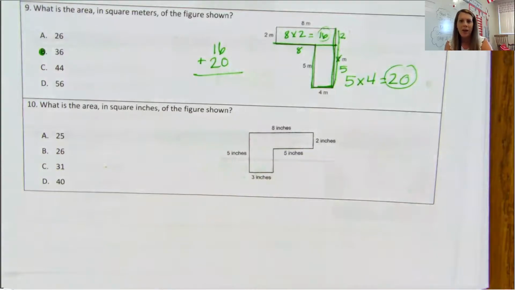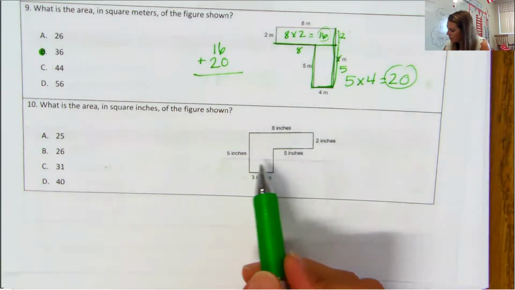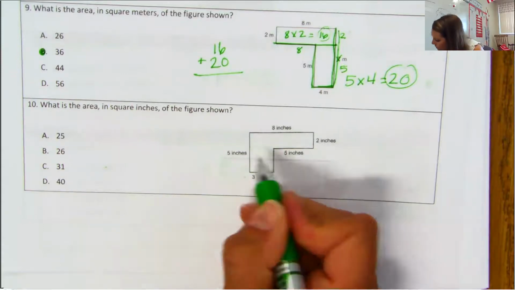Okay? So I want you to try number 10 on your own and see if you can do it. What would be a way that you could split it up? All right, if you need to keep working, hit pause until you figure it out. All right, so let's see. I'm going to kind of eyeball it again, and I'm going to say, well, I know this is 8, this is 2.